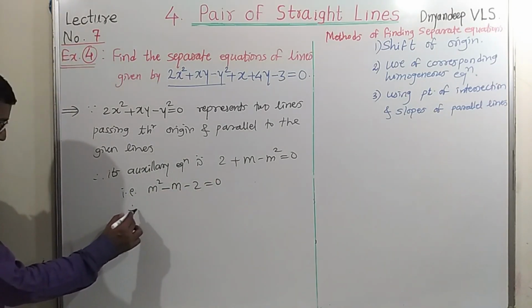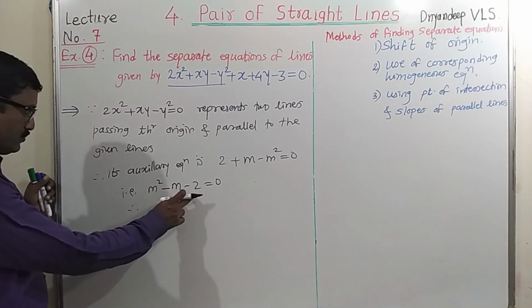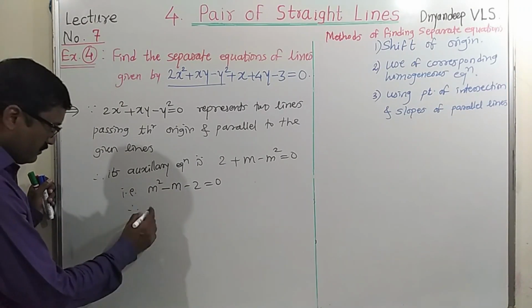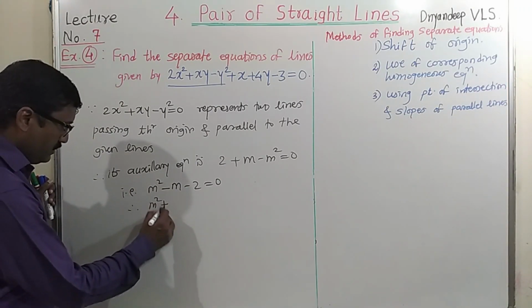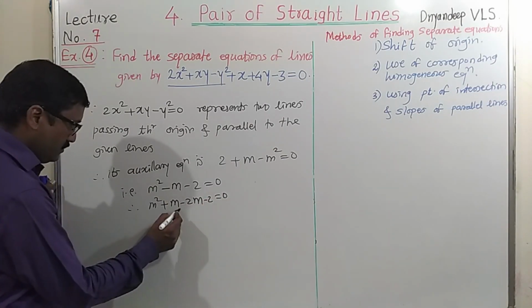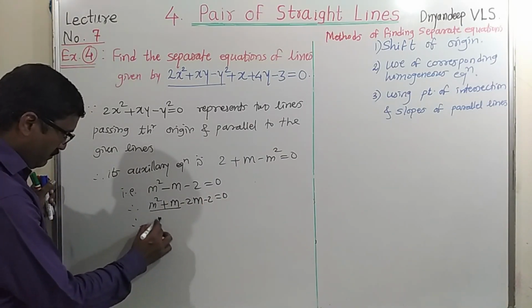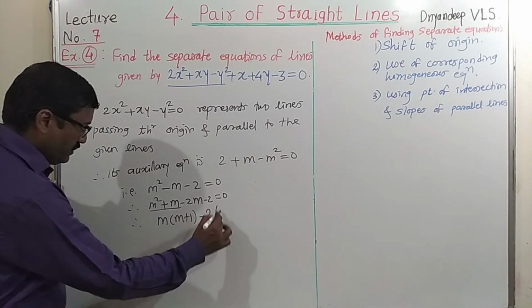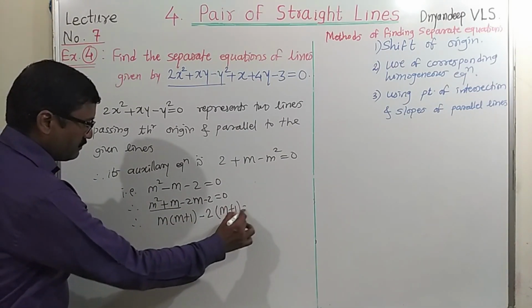So the factors are m square plus m minus 2m minus 2 equal to 0. From this take m common, so we get m plus 1. From this take minus 2 common, we get m plus 1 equal to 0.